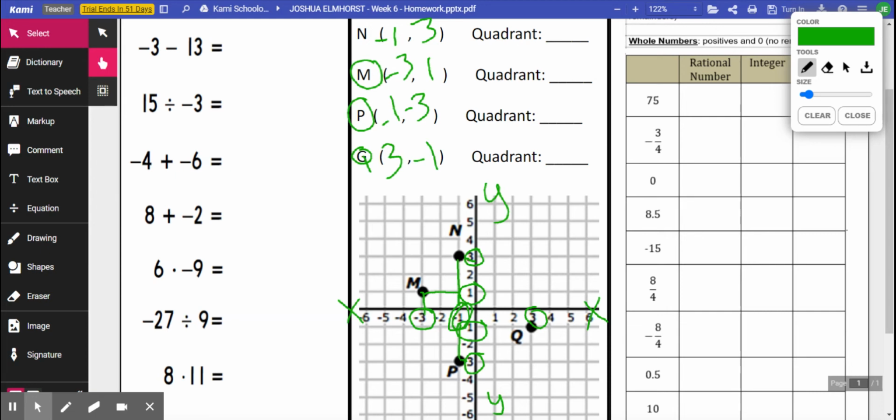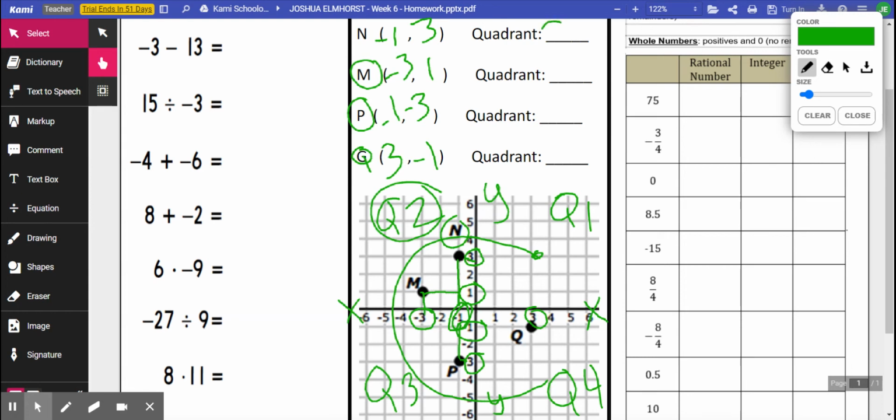So now we take a look at our quadrants. So the coordinates are ordered in a C shape here. So we go quadrant 1, quadrant 2, quadrant 3, and quadrant 4. So point N is located over here.